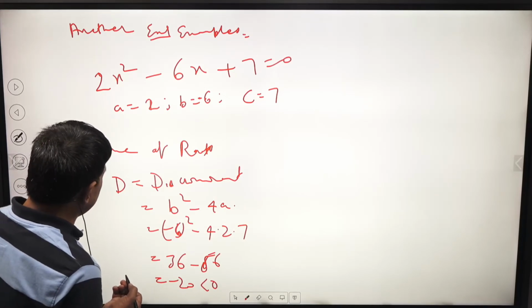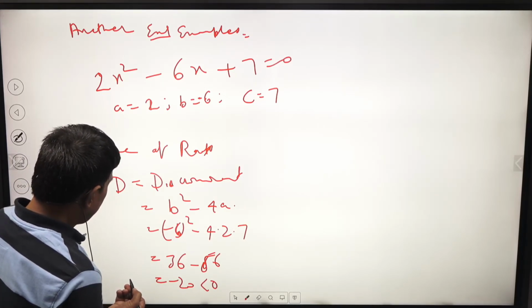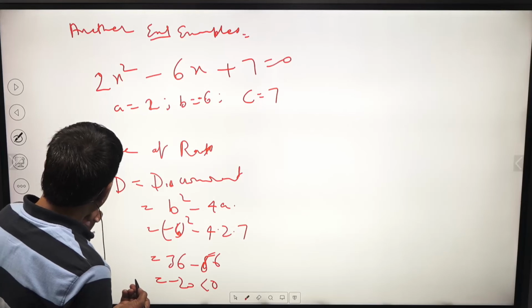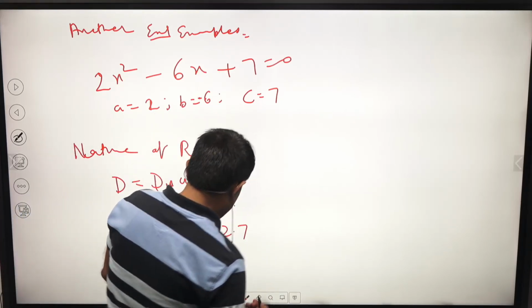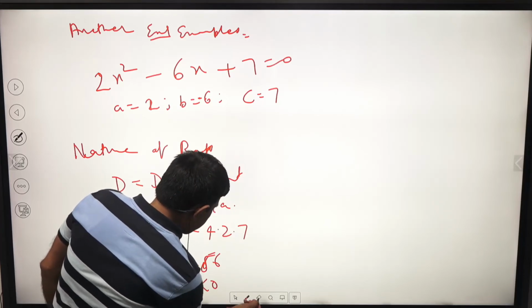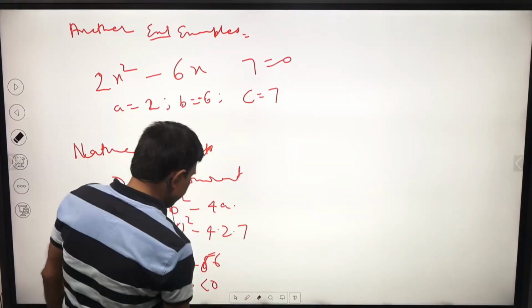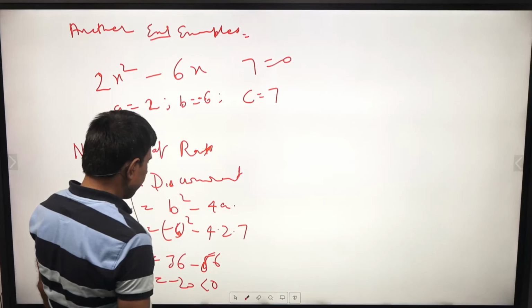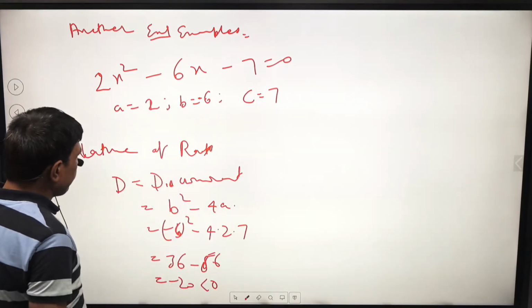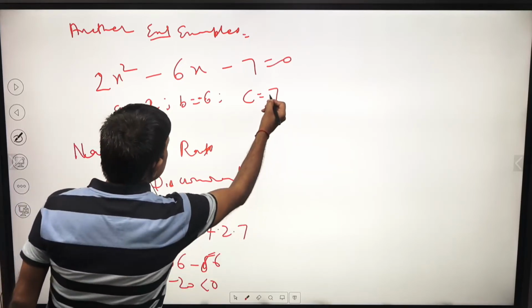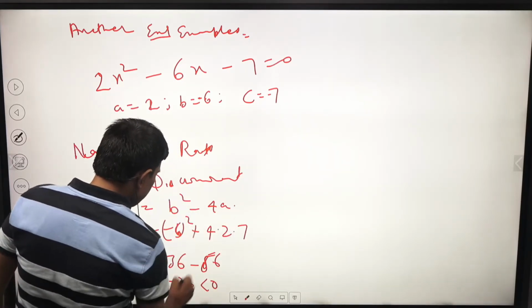We should change this value. Suppose that we take a here minus. Suppose that this is minus, so this becomes plus.